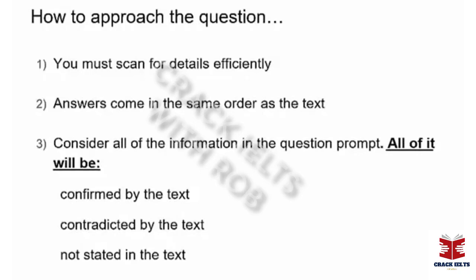If you find something that disagrees directly with the statement in the prompt, in other words, it contradicts the prompt, then you can say no or false. So there has to be information in the text that goes against the statement you're looking at in the prompt. That's where you can answer no or false. And if the information is not provided by the text, so maybe a small part of the statement can be found, but the entire idea of the whole statement in the prompt cannot be found or located somewhere in the text, then you put not given.